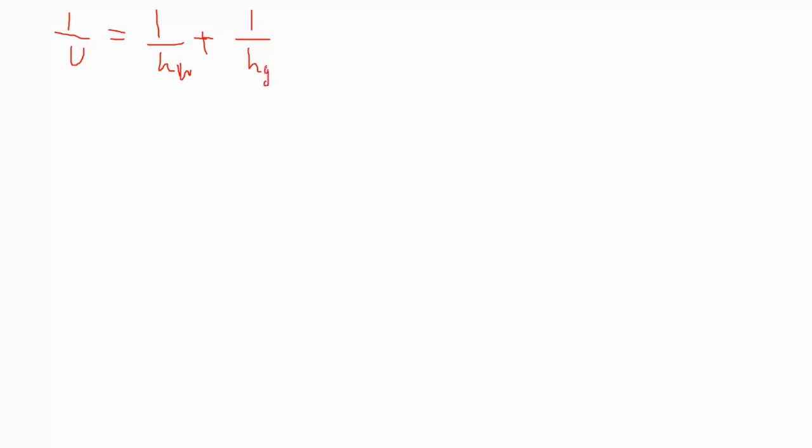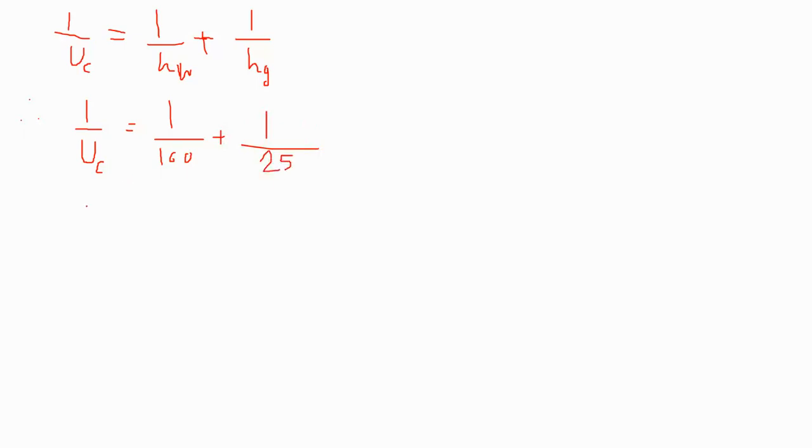So this is 1 upon U, and this U is for when the pipe is clean, so we denote it as Uc, is equal to 1 upon the heat transfer coefficient on the water side, which is given as 160, and on the glycerin side it is 25 watt per meter square Kelvin.